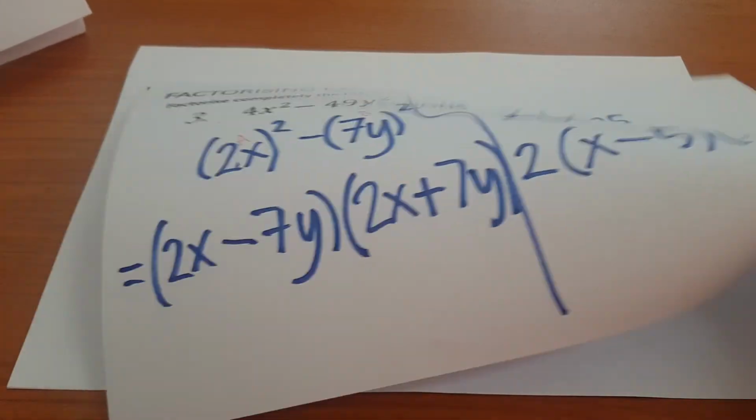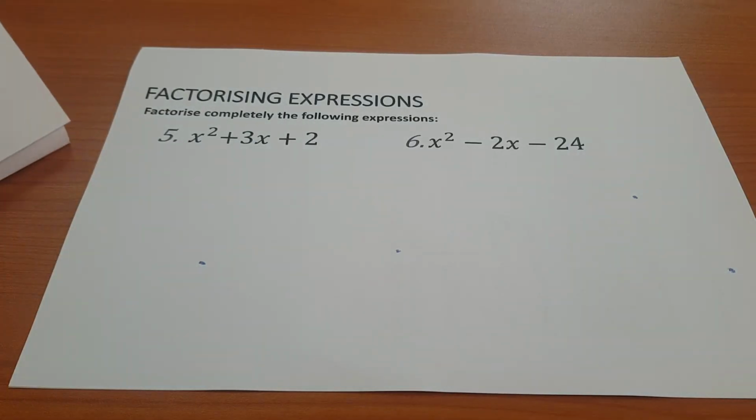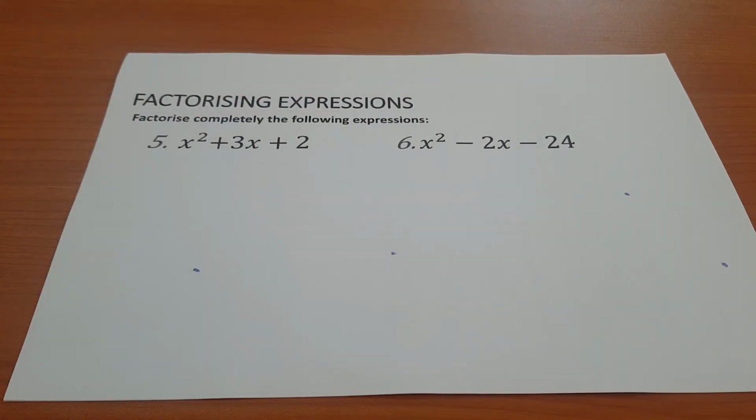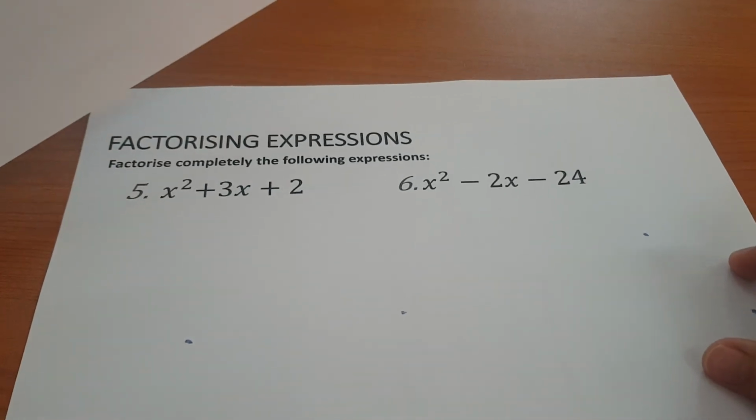So for the rest of the examples, we will apply the AC method. We need to identify first what A, B, and C are. What is that AC method?